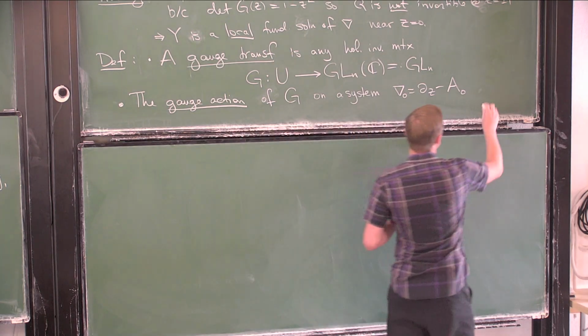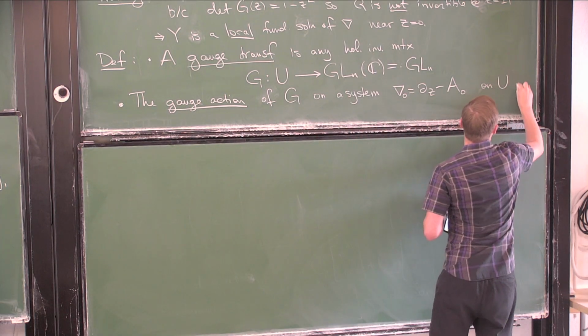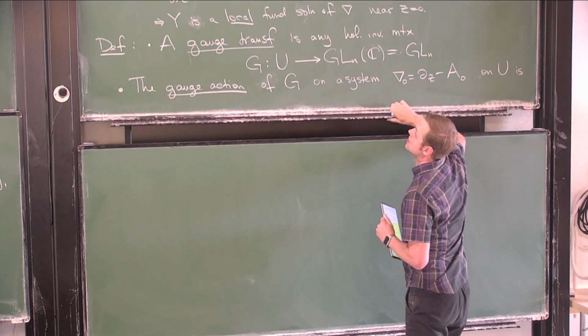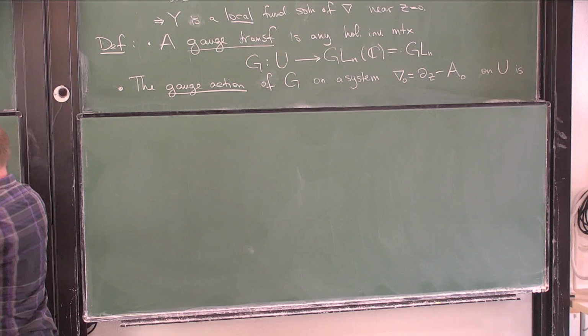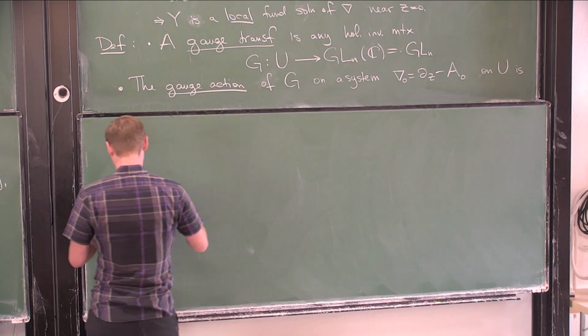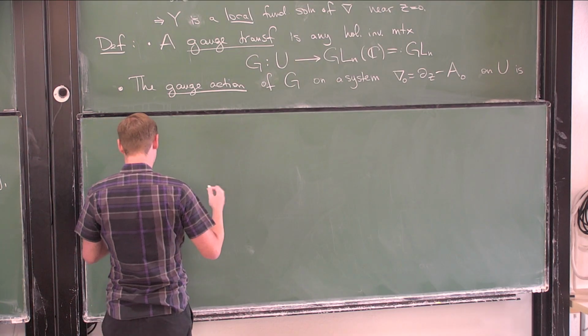So a system on U is given by the formula that I've seen, except I'm just going to swap some signs around.